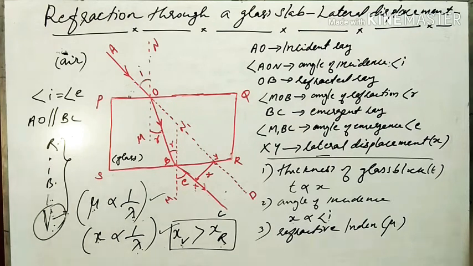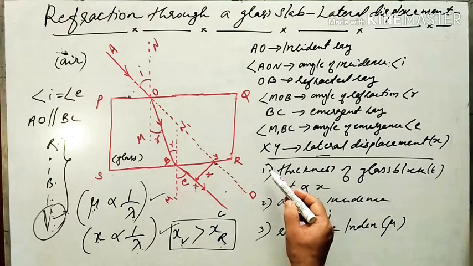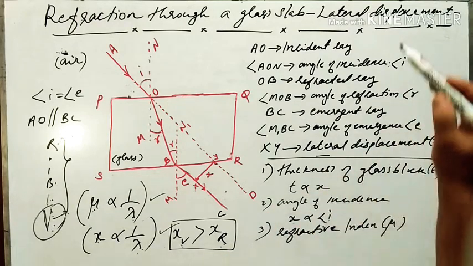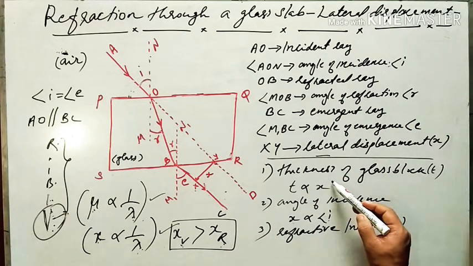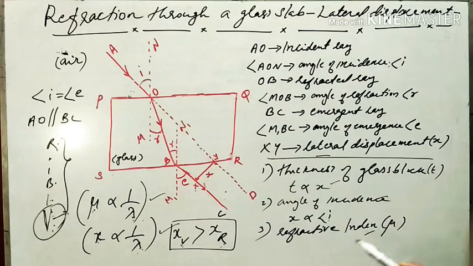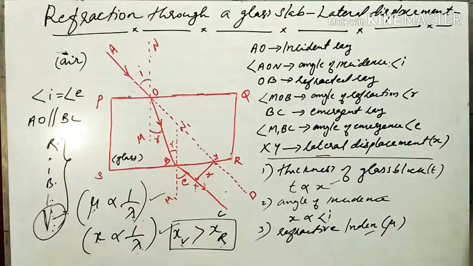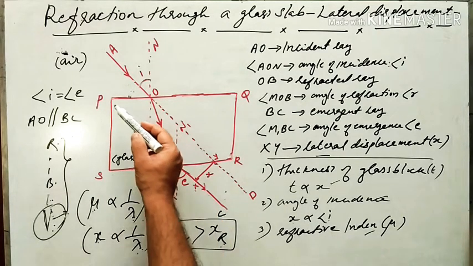Is it clear? So remember the 3 factors on which lateral displacement depends. What is lateral displacement? What are the factors on which lateral displacement depends? It is very important. And this ray diagram is very important from the board examination point of view. You can expect diagram based questions.